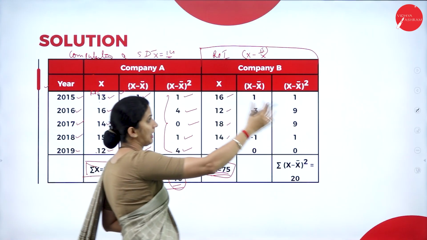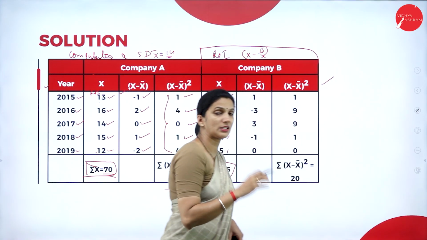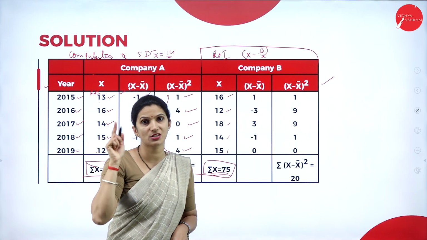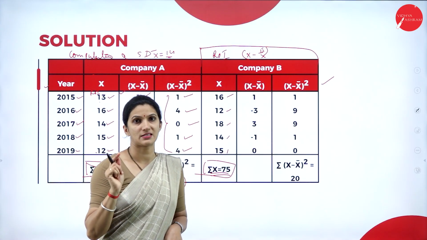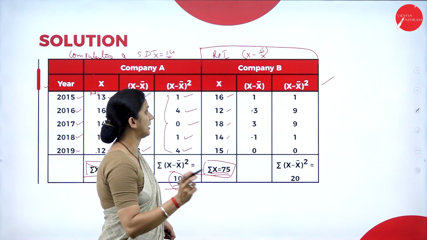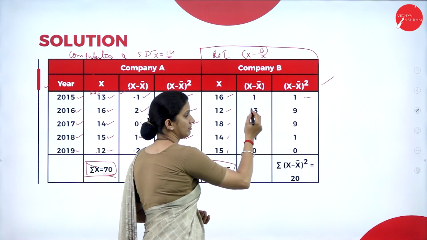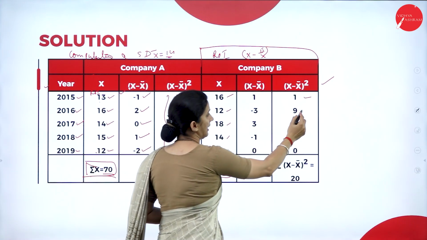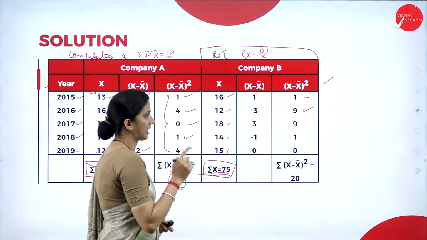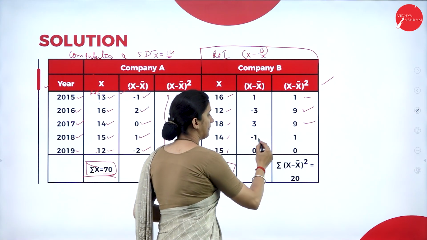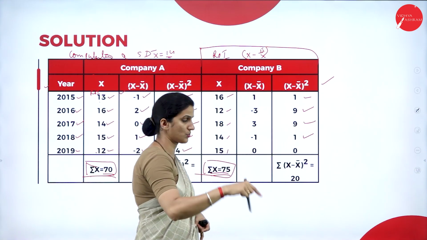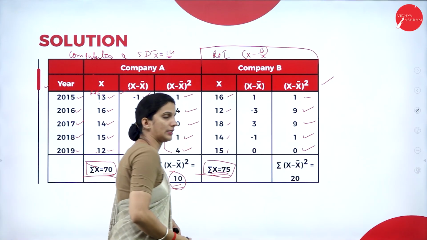Now the last step, we need to know X minus X bar whole square. So 1 into 1 is 1, minus 3 into minus 3 is plus 9, then 3 into 3 is 9, minus 1 into minus 1 is plus 1, and 0 into 0 is 0.